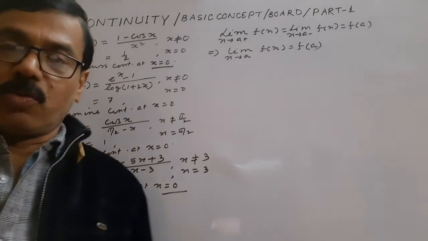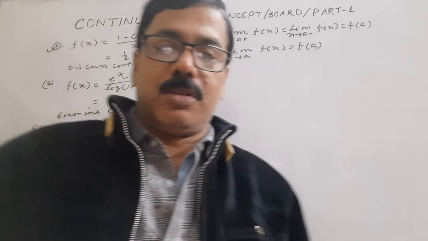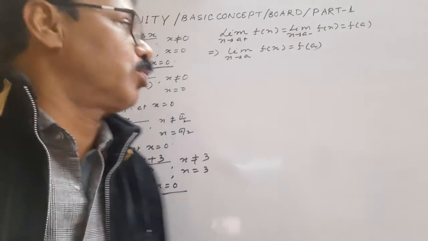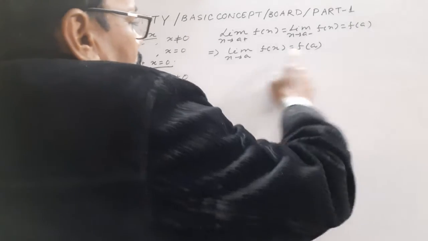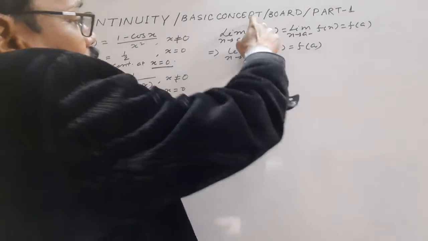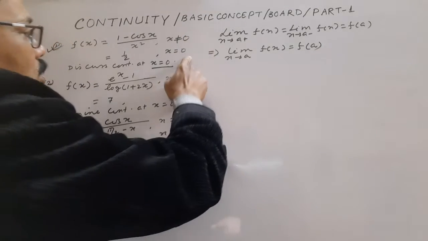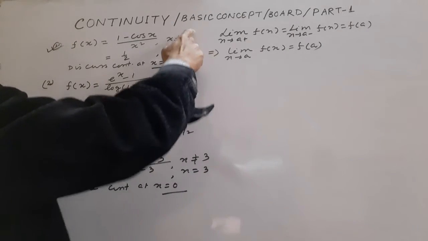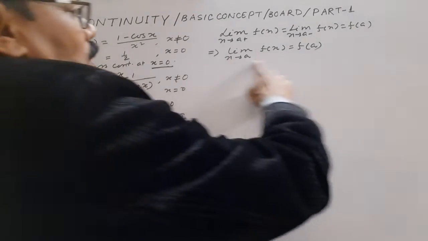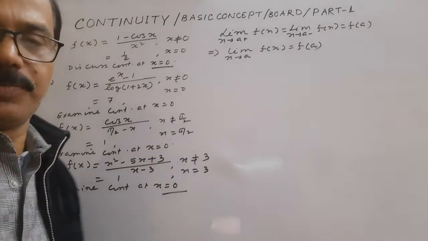Now, when the condition x not equal to 0 is imposed, we use the alternative one. x tends to a means x not equal to a, so a is replaced by 0. We use the alternative definition.